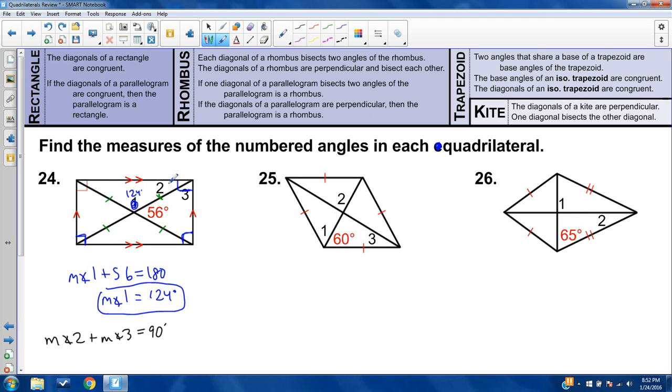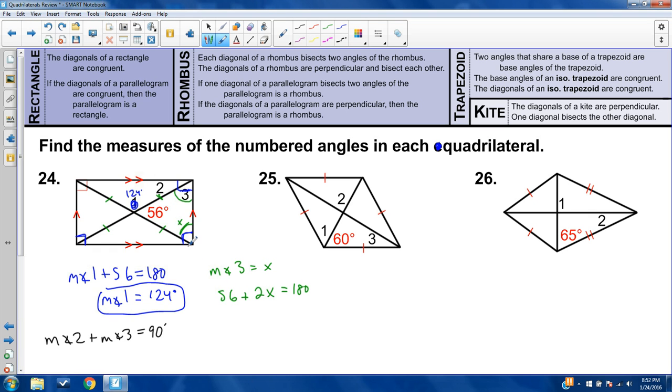So in terms of finding 2 and 3, I can go by the idea of an isosceles triangle and say that there are base angles that are congruent. Angle 3 and whatever this one is, which I can just call x for now, are the same angle measure. So the measure of angle 3 is x. Right now I'm going to substitute: 56 plus x, which is 2x, equals 180.